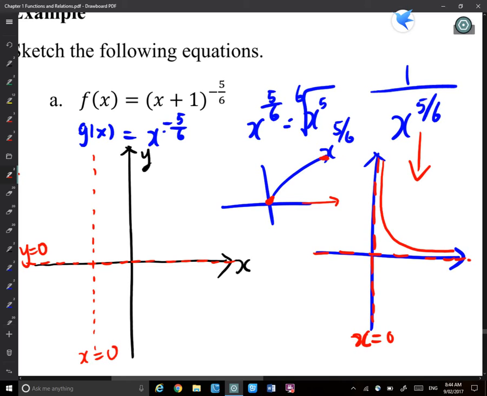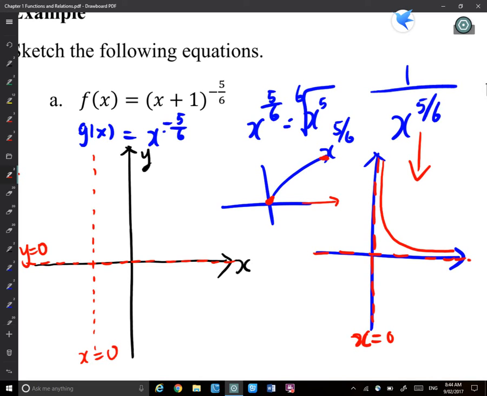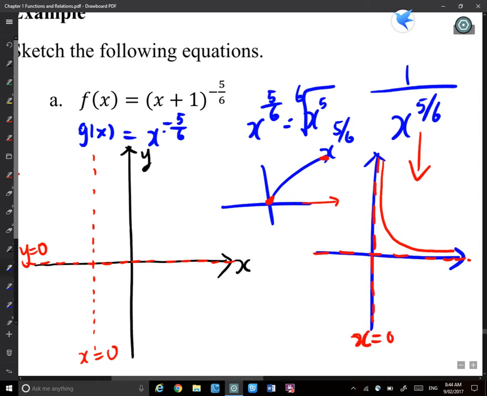Use a different color or really obvious colors to sketch asymptotes. And you know when x equals 0, 0 plus 1 is 1. 1 to any power will be 1. So when x equals 0, that point must be 1. So (0, 1). And the shape looks like this.